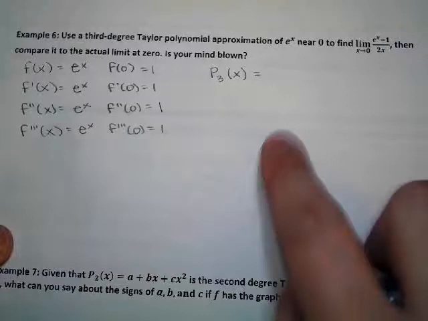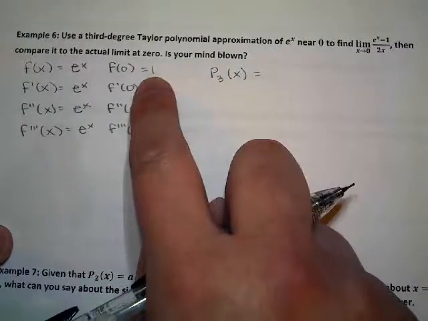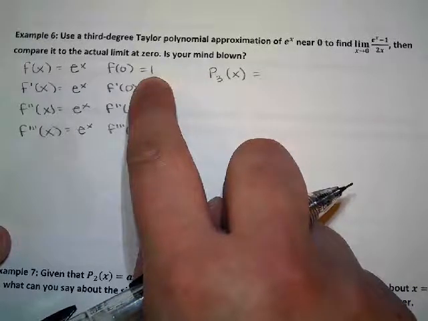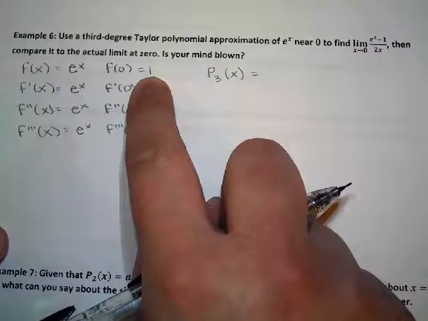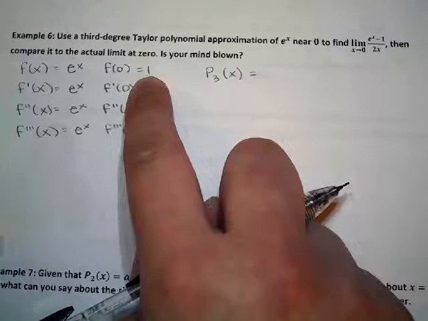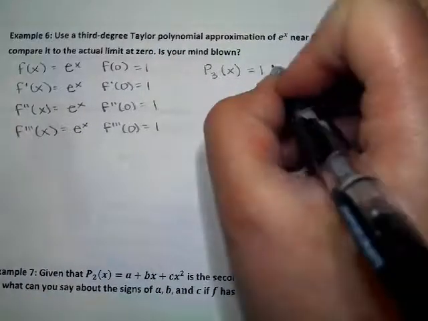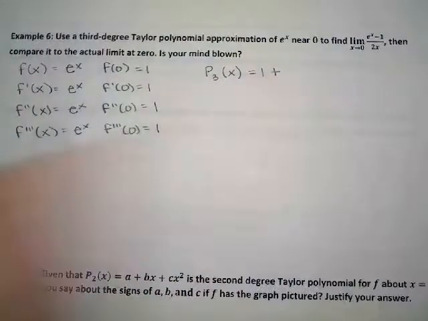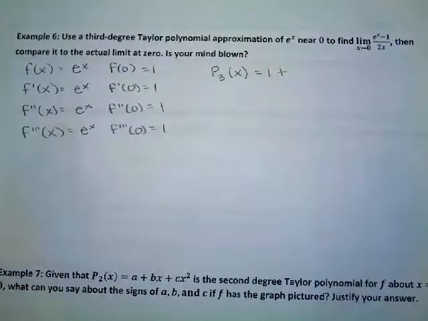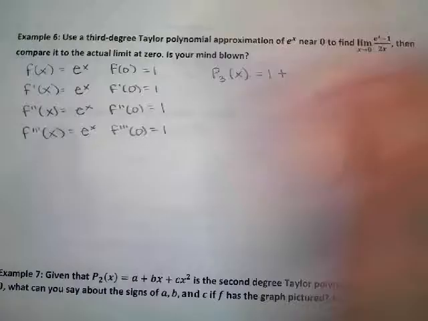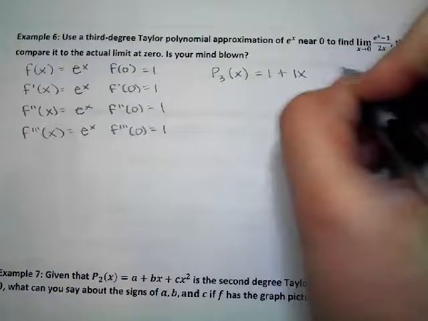Okay, so how do we start it? We can look back at our notes if we need to. So before, yeah, so we start it with the constant, right? So we start it with 1, okay? Plus, and then what do we have next? Okay, so this coefficient times x, okay?